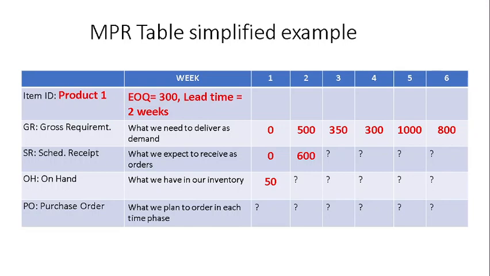So the exercise here asks to fill the rest of the cells of the table. So as you can see here, we have simplified the table. We have removed the previous 2 lines, and we keep only the most important ones just to demonstrate how this procedure is working.